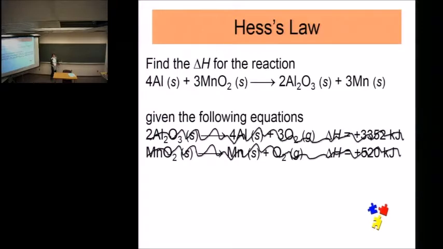And then when we add these together, we do get our target equation. We've canceled out what doesn't belong. And then we need to add these together to give us what our final enthalpy is. So when we add these together and cancel out what doesn't belong, we will get 4 aluminum plus 3 MnO2, 2 Al2O3, 3 Mn.